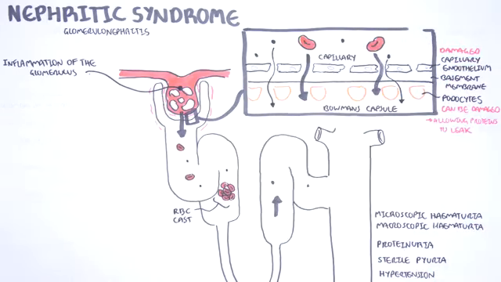There are many causes of glomerulonephritis and it can be part of a spectrum. If proteinuria exceeds 3.5 grams in 24 hours, there is a nephrotic component to it.